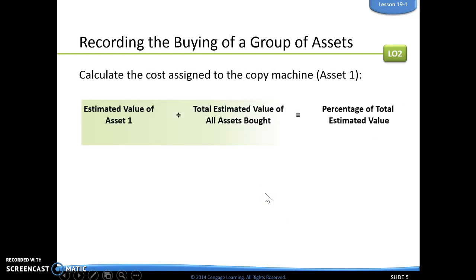Now we have to figure out what cost we're going to assign, because when we're recording this into a journal, we have to have a specific cost. Asset number 1 is a copy machine. We estimated that it was $7,500, and we estimated that buying our 2 assets together would cost us $30,000. So we're going to simply divide those 2 numbers, and the percentage then would be 25%.